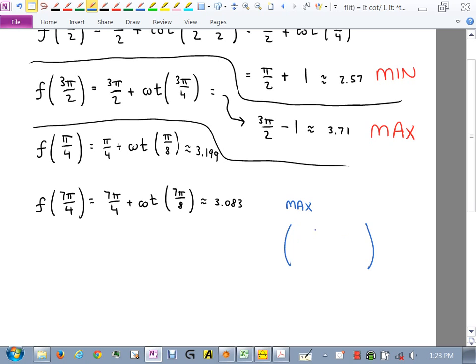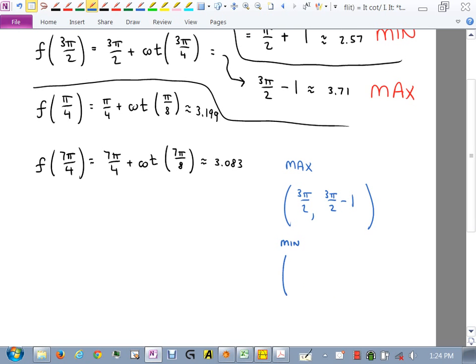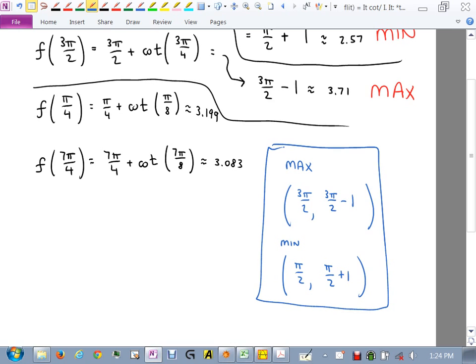So your max is going to be at 3 pi over 2, and if you do the exact form, 3 pi over 2 minus 1 is the y value. The minimum would be happening where? Pi over 2. And the value is pi over 2 plus 1. There's a lot going on there.